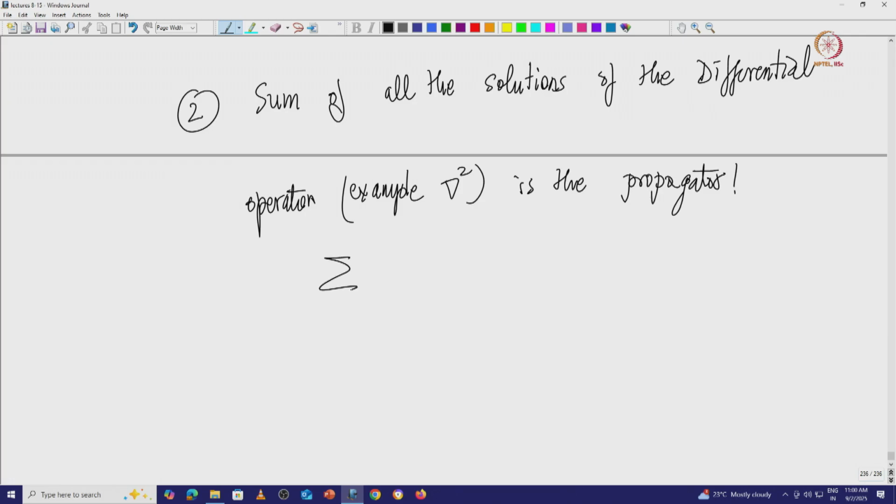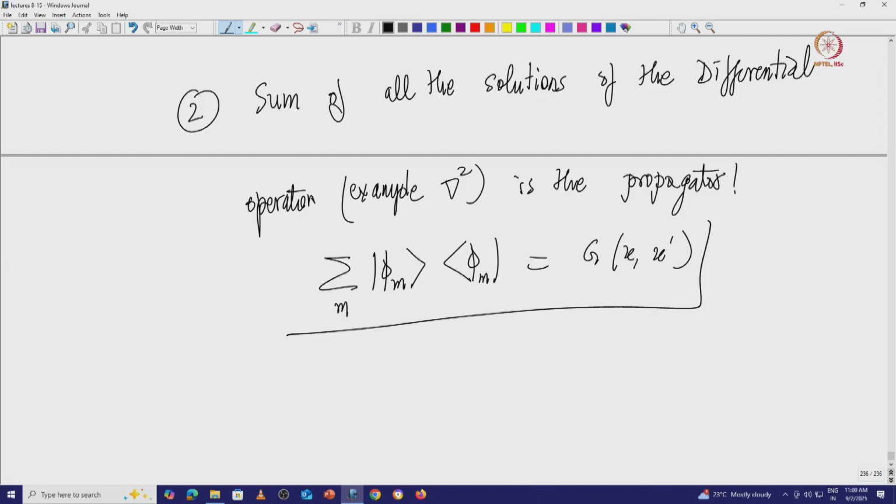So we have the outer product of phi m and phi m, the sum over m, where the phi m are the solutions of the differential operator in the given theory. This we have already seen; I am just repeating it, putting it coherently here.